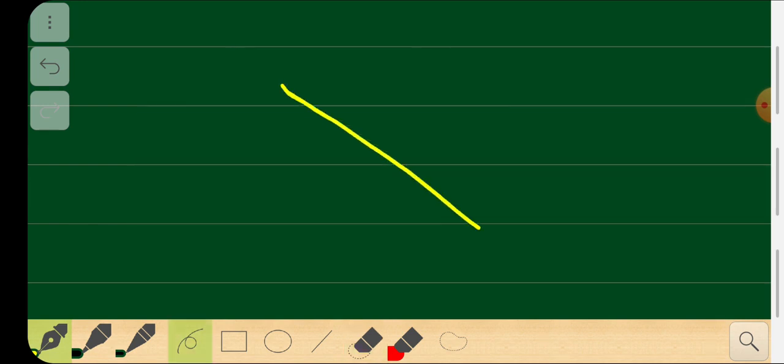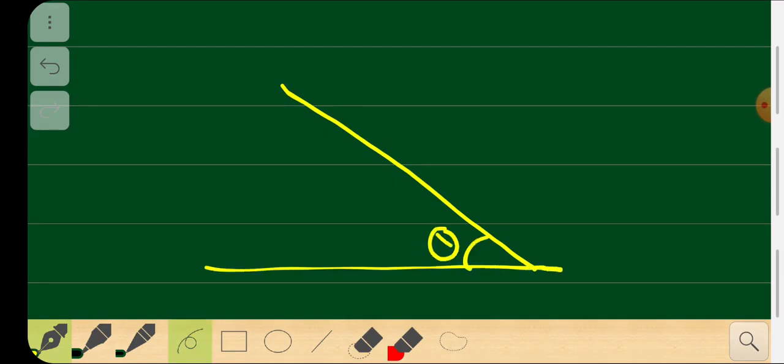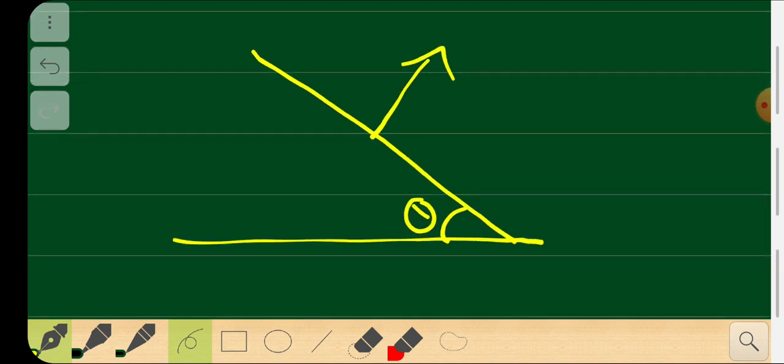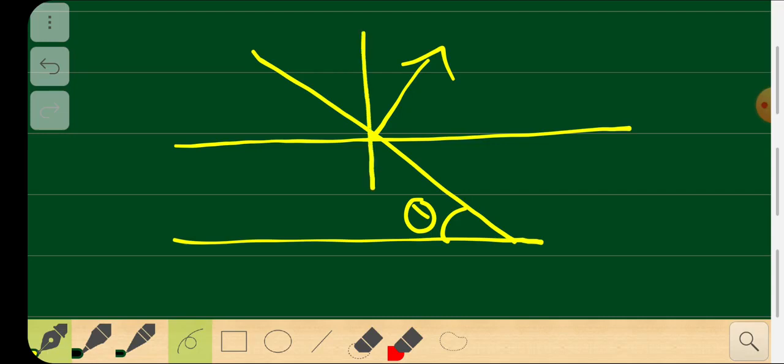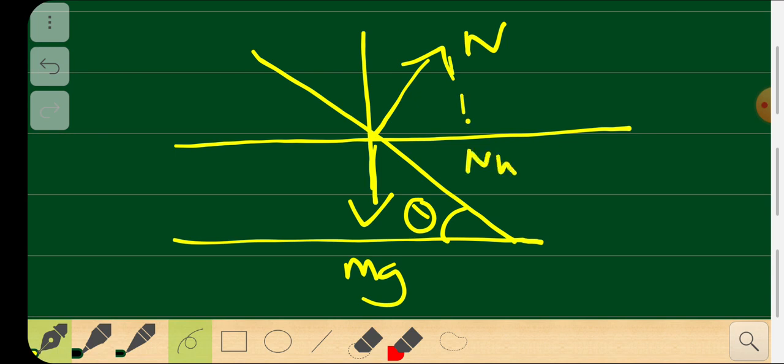So let this be the wedge and this be the angle theta, and there is the normal force just like that. Okay, so this is much better. This is the x axis and this is the y axis. So there will be mg in this direction downwards, and that's one force. This is the normal force, and this has the x component n_x, and this has the y component n_y. Okay, so these components are all there.